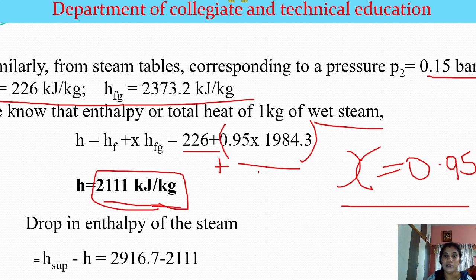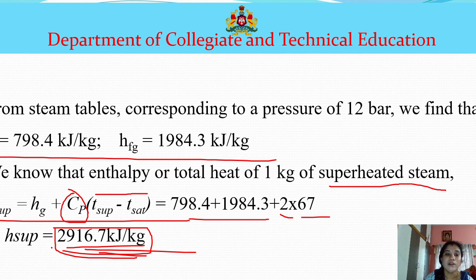So I need to calculate how much enthalpy was reduced or increased. We know that it has been reduced. This value we have got is somewhere around 2111, and the initial enthalpy was 2916. So there is a reduction in the enthalpy.